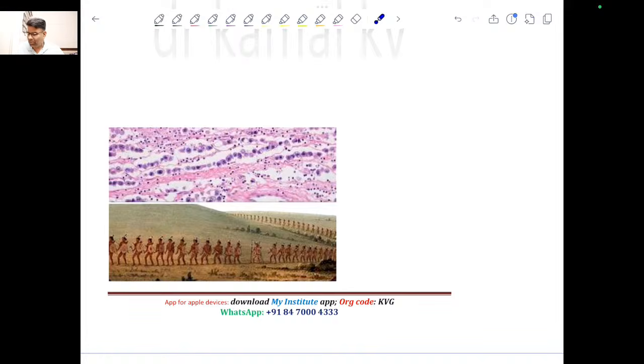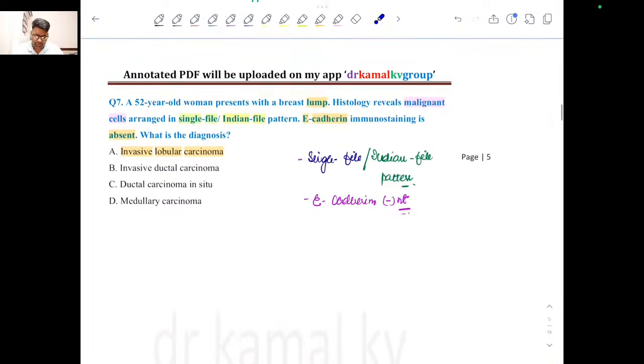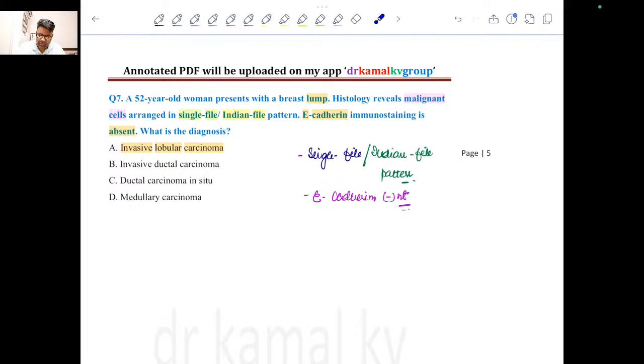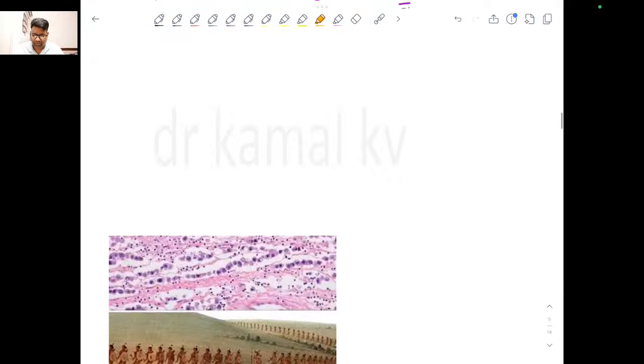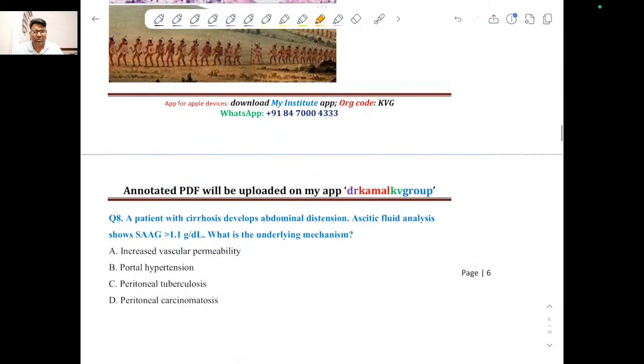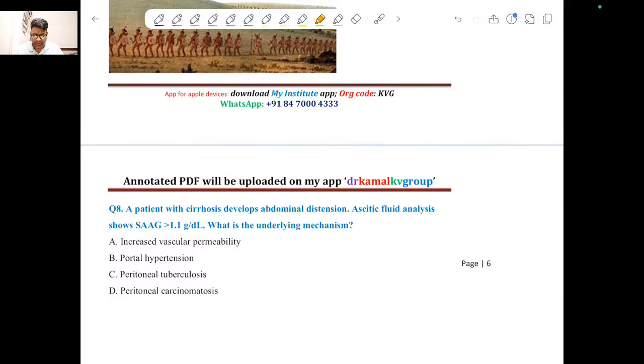Very easy to understand, and Kumar Yo-Yo, very good. So the moment you have this particular keyword, think of invasive lobular carcinoma, right. This is one of the favorite questions, like breast cancer. Definitely you will have a question either in pathology, surgery or integrated.